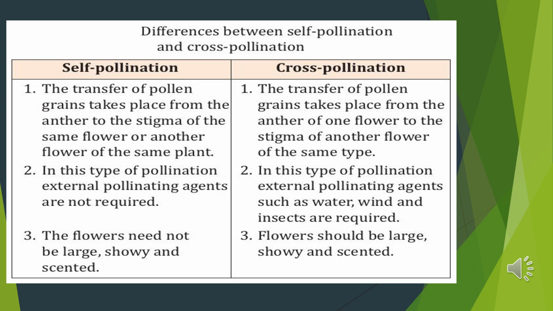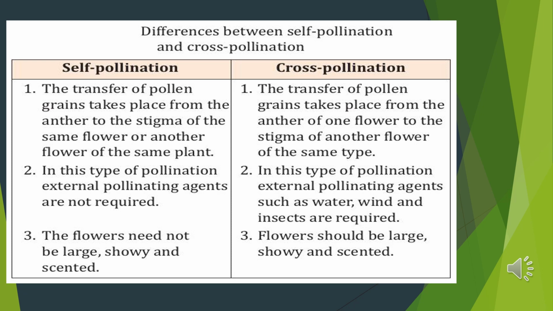Means different plant but flower should be the same type. In self-pollination, external pollinating agents are not required. But in cross-pollination, agents are required like water, air and insects.